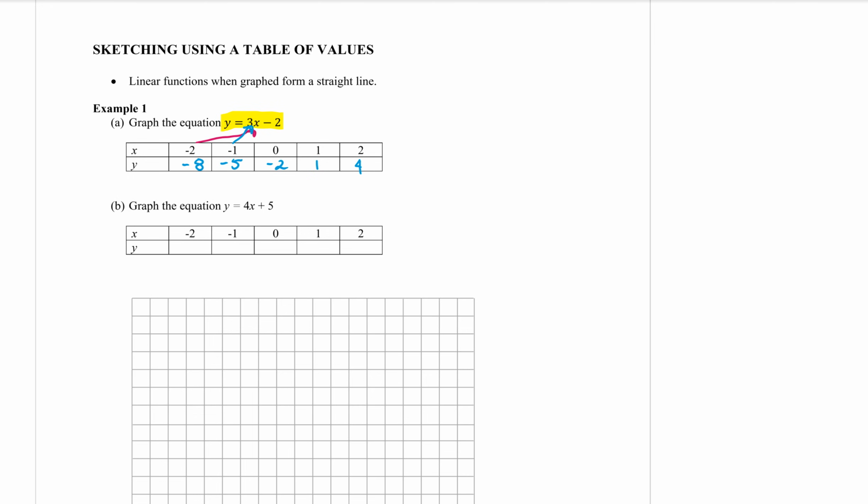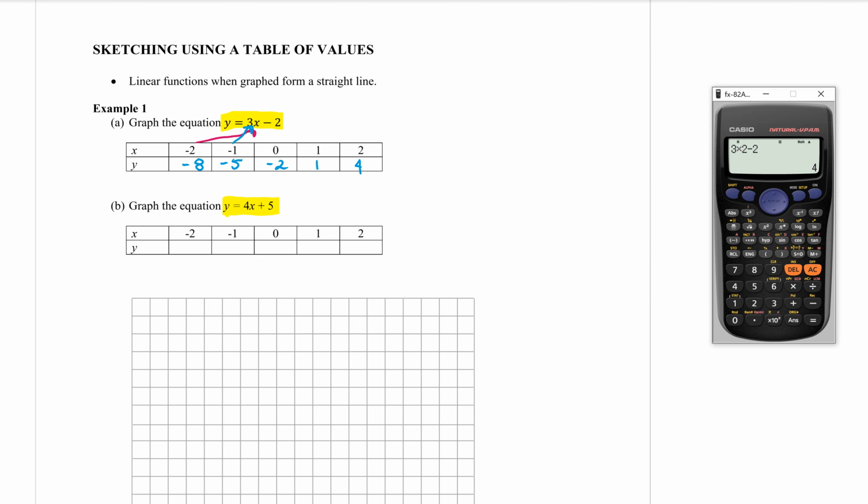We're going to plot that on our Cartesian plane in just a moment, but we're going to do a second graph as well. So while we're at it, we're going to fill in this table. For the second graph, we have the equation Y equals 4X plus 5. Using our calculator, we need to clear that because we have a new formula that we're substituting into.